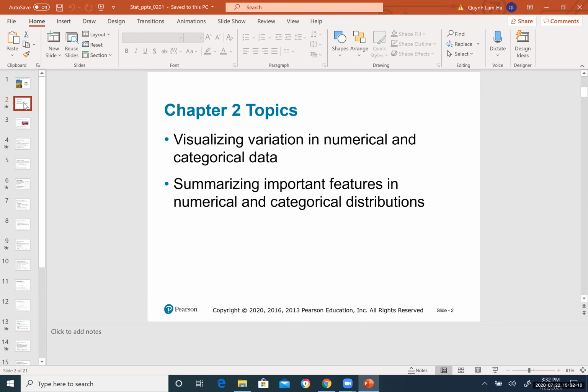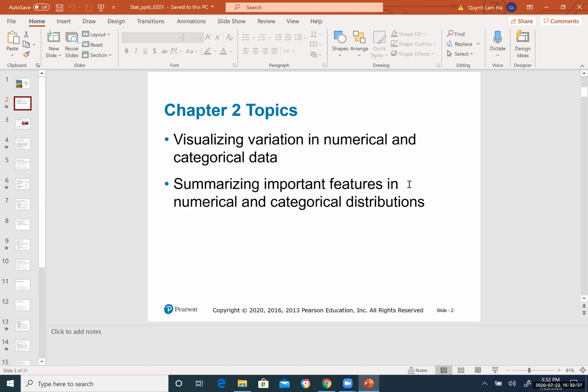So for the overall chapter 2 topics, you will learn about visualizing variation in numerical and categorical data. You will also learn summarizing important features in numerical and categorical distributions. The word distribution here means they're talking about the entire graph.